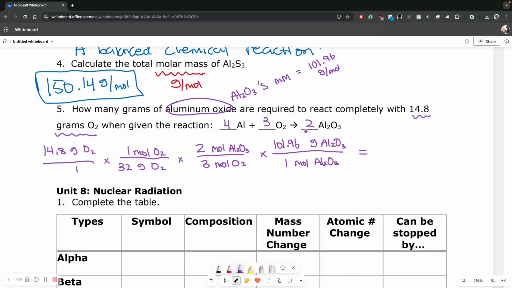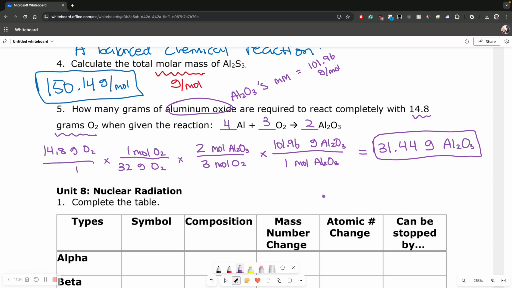And of course another 1, but dividing by 1 doesn't get you anywhere. Doing all that will give you 31.43, and we'll round to the hundredths place. So 31.44 grams of aluminum oxide, which is your final answer.